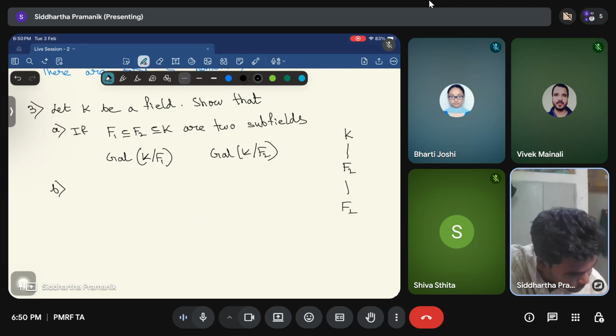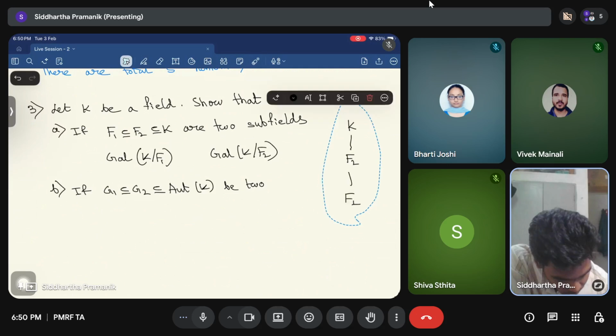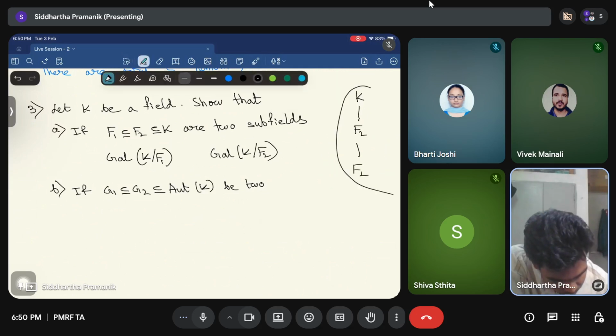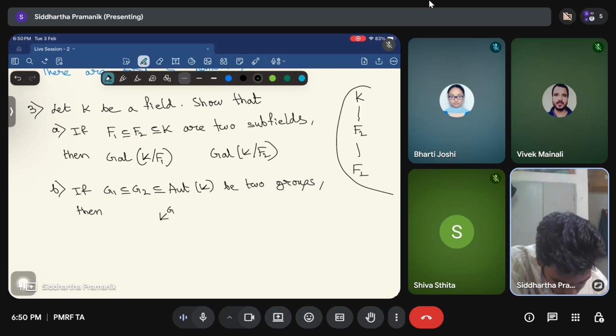And second thing is, if you take two groups, let's say G1 subset of G2 subset of automorphisms of K, two groups, then what will be the relation between their fixed fields? You can consider the fixed field of the group G1, and also the fixed field of G2.